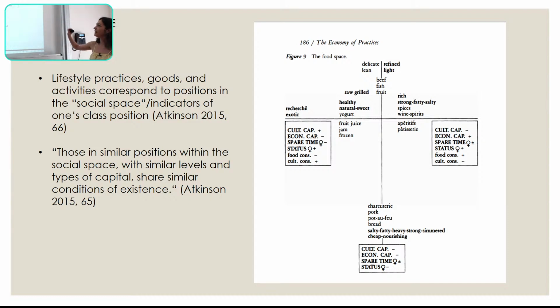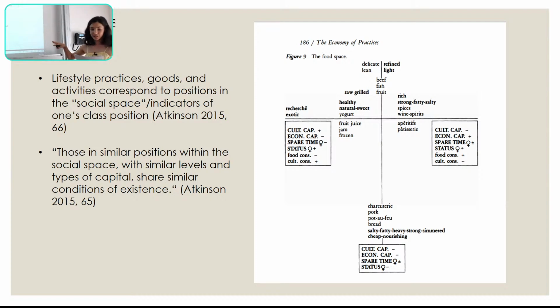People on the upper side of the social space can eat delicate food, refined food, light food, food that is first of all expensive, but also kind of playful. And if you're on the lower end of this social space, you might be more interested in cheap food, nourishing food, that's just feeding you at the end of the day because you're so busy. Right. Okay.